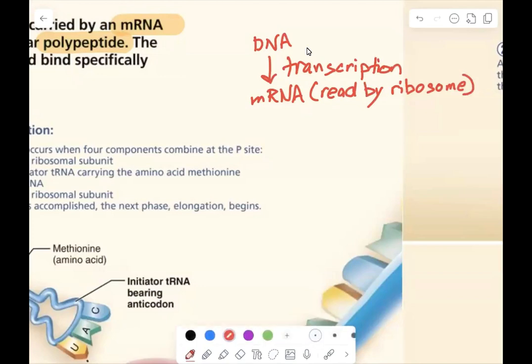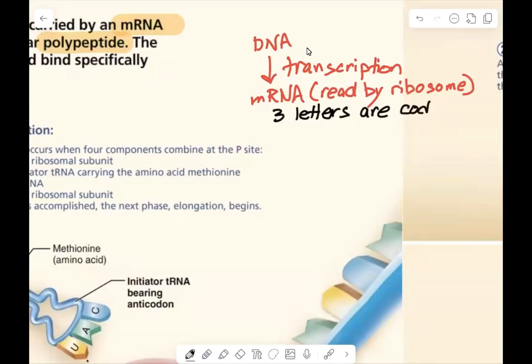And every 3 letters are called a codon. So it reads those 3 letters, and then the tRNA molecule brings in what corresponds to that codon. So it has 2 things that it brings in.